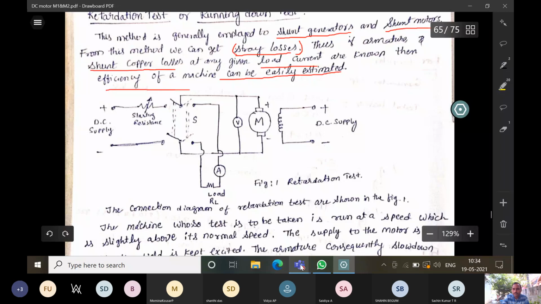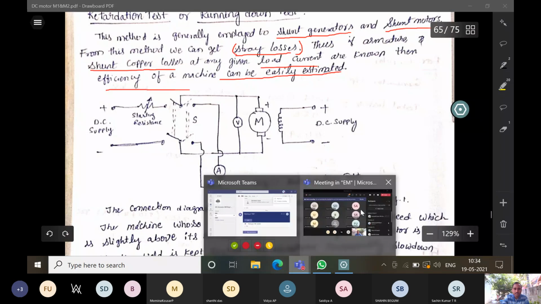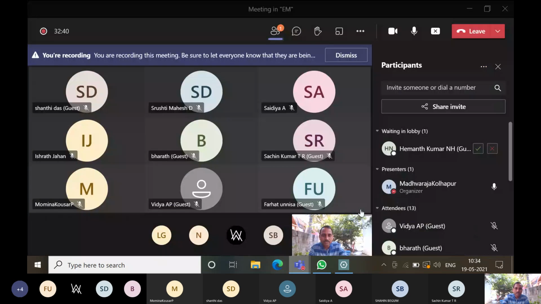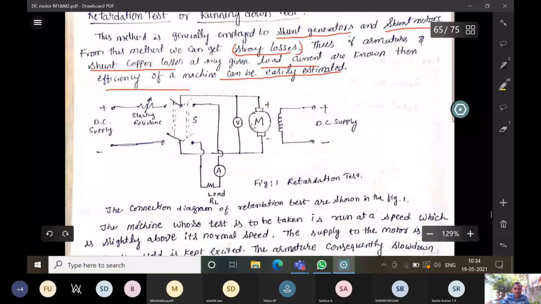The voltmeter is connected in parallel to the armature circuit, and a load resistance RL is connected here with the ammeter.